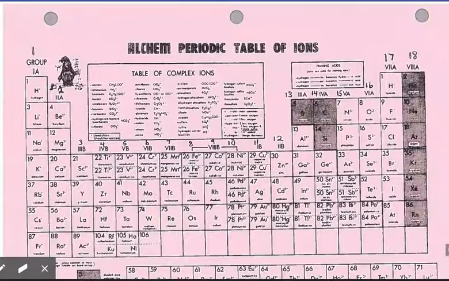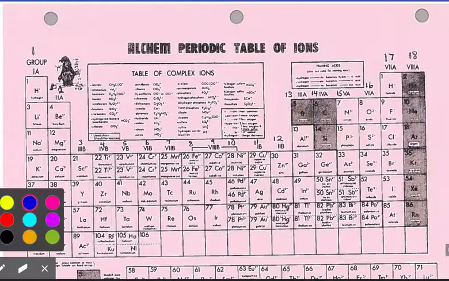So we'll just open up my periodic table. You have a copy of this. And if you look on the side of your periodic table, the periodic table of ions right here, in this box right here, this is where I told you already, you would find an awful lot of the polyatomics.